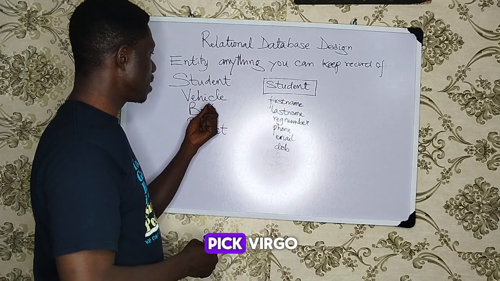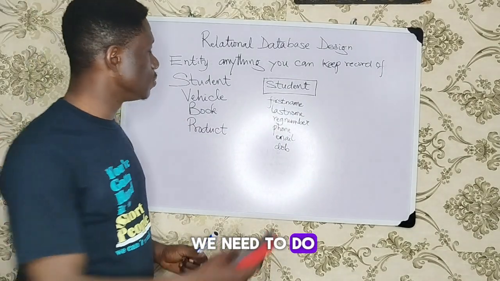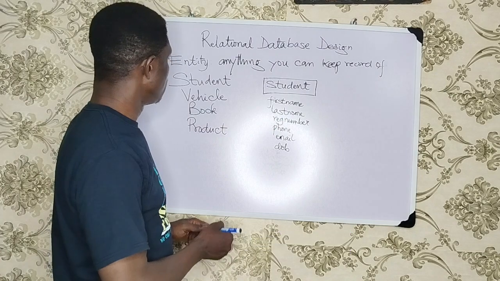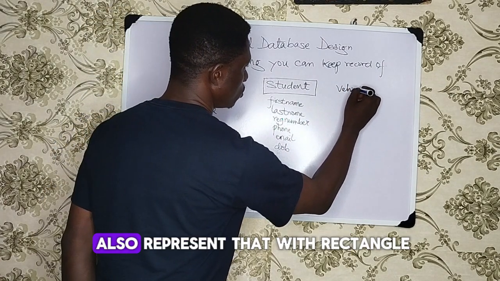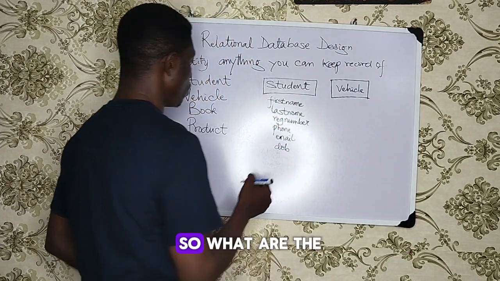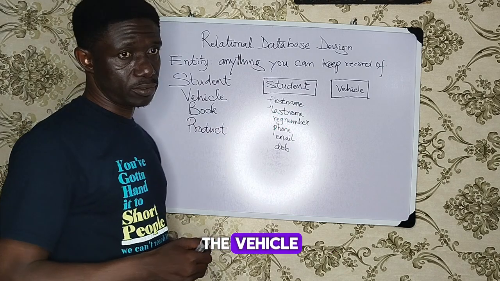Now, if we pick vehicle, there are things we also need to do about the vehicle. So if we pick vehicle, we are also going to represent that with a rectangle. What are the things we are going to use to describe the vehicle?